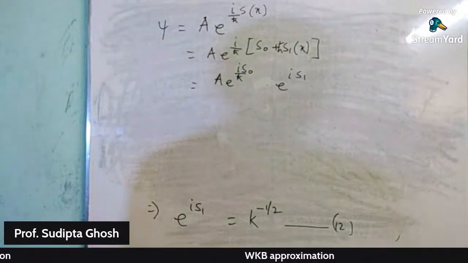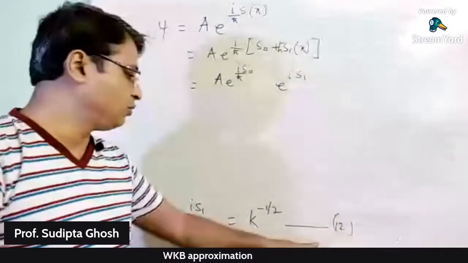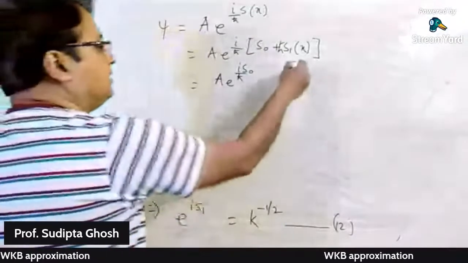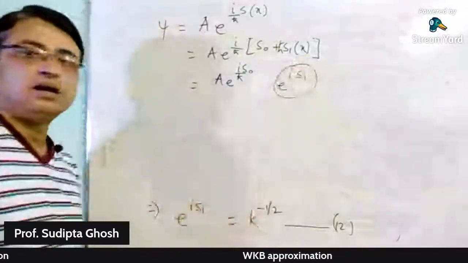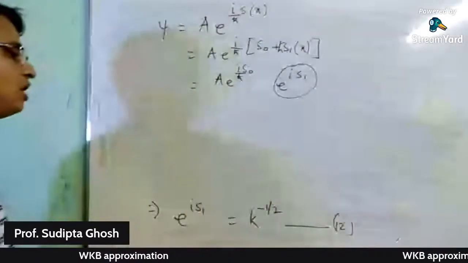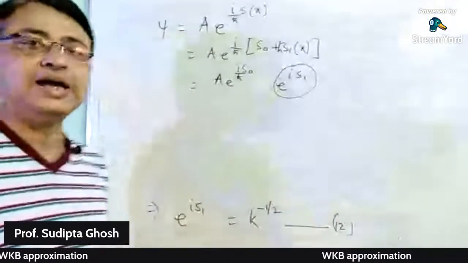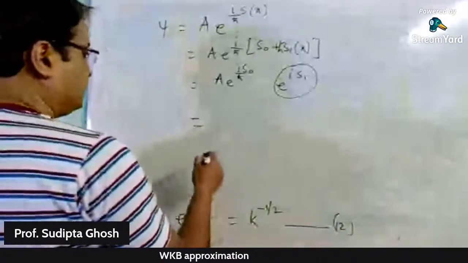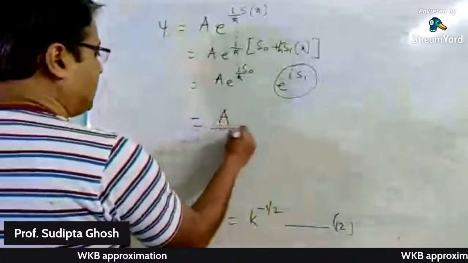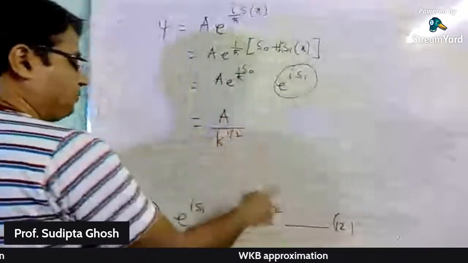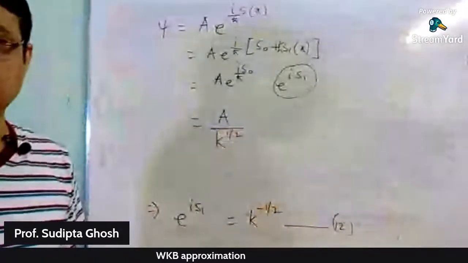Now as the value I found in equation 12, putting the value of e to the power i S1 in this equation, that becomes A by k to the power half, as it was k to the power minus half.